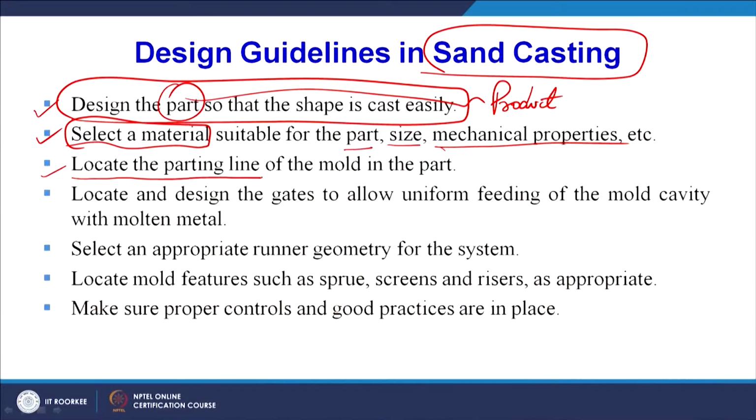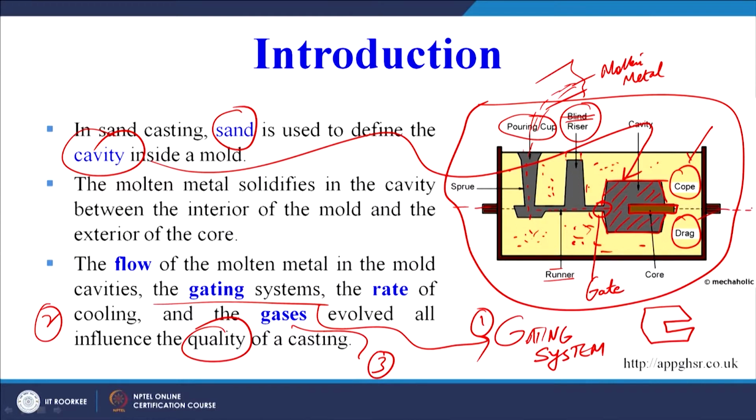locate the parting line of the mold in the part. So we have to decide where the parting line has to be in the design of our casting. Now what is a parting line? I will go back to the previous slide, and here we say this is basically the parting line. Now here it is symmetric, half of the part of the design is in the cope part, another half is in the drag part.